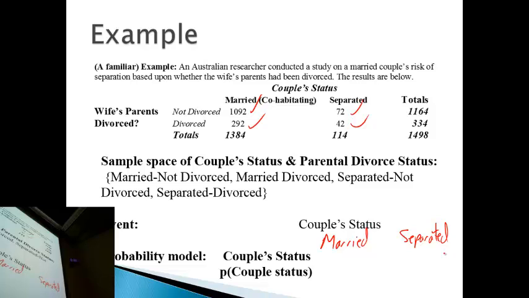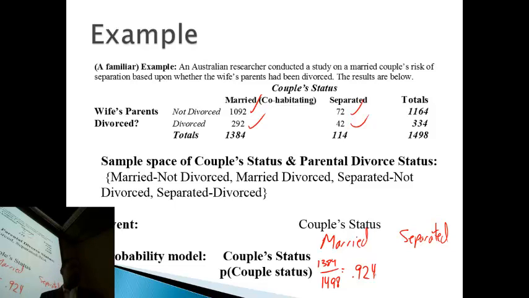Now, what's different from chapter 10 compared to chapter 6 is that we're not just going to be comfortable with the percentage of people who have some trait or not. We're going to discuss it in terms of probability theory. So the percent of married is 1384 out of 1498. That is 0.924. And yes, you'll need a calculator at some point today.